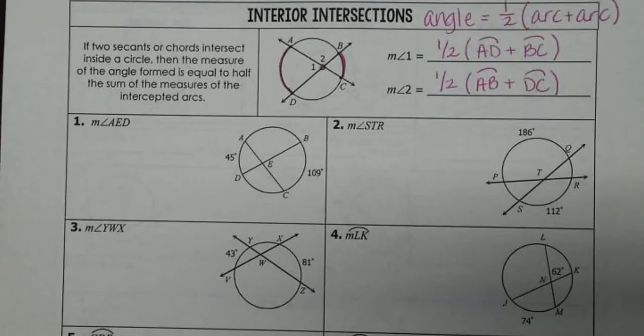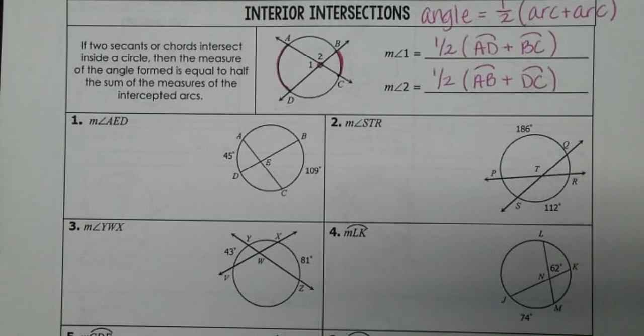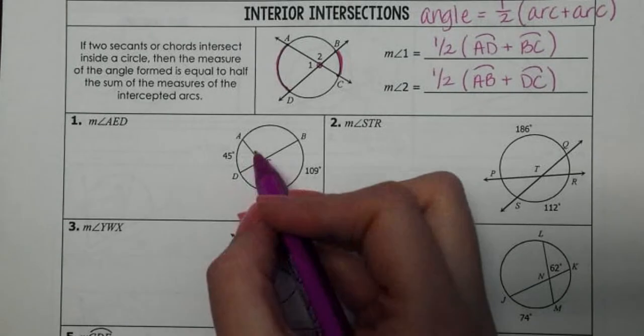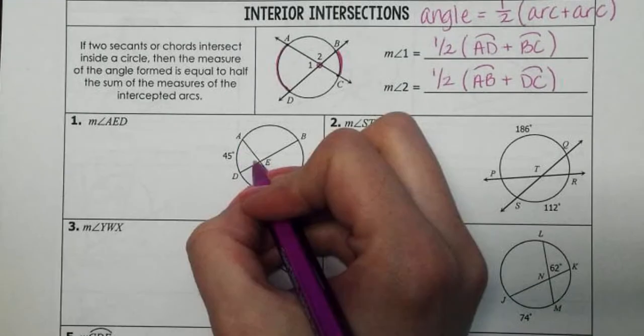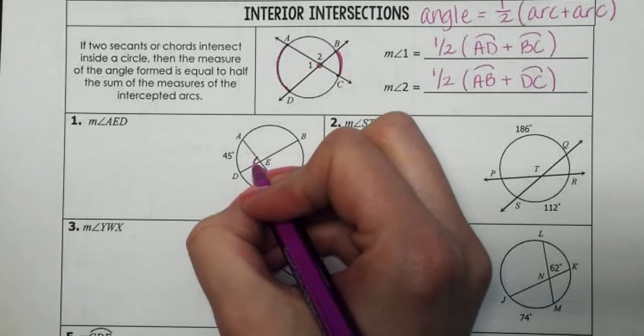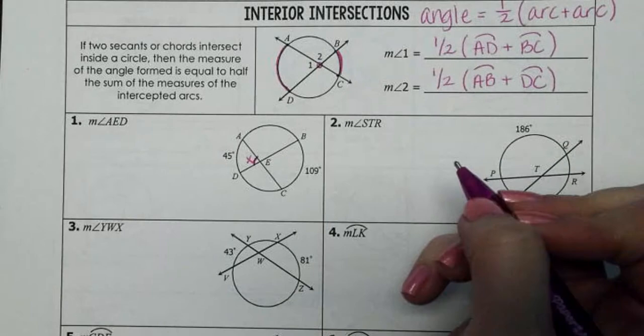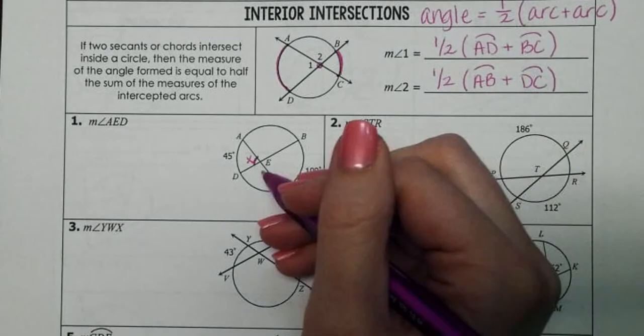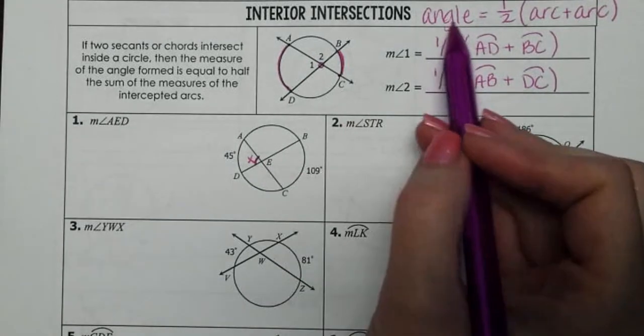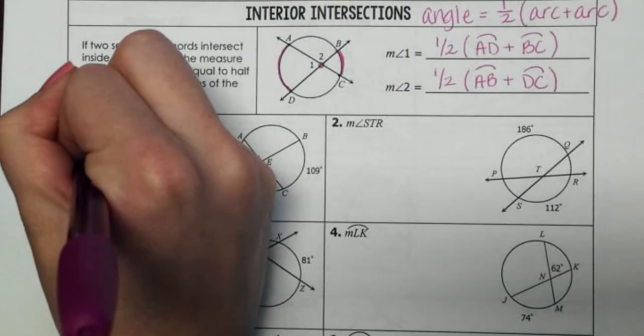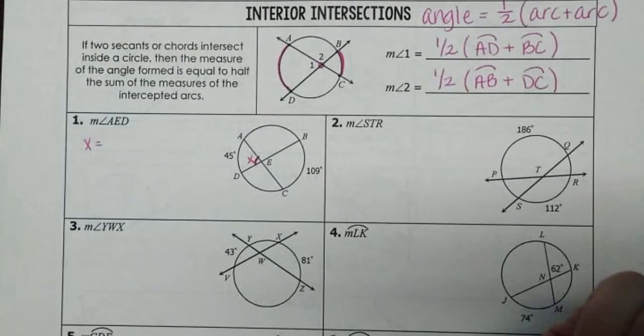Okay, so let's look at some examples of this. If you look at number 1, it asks for the angle AED. So this right here is the angle. I'm going to call it X. This is what I'm searching for. I always start with my angle in this equation. I'm going to set that as X, because that's the angle that I'm looking for.